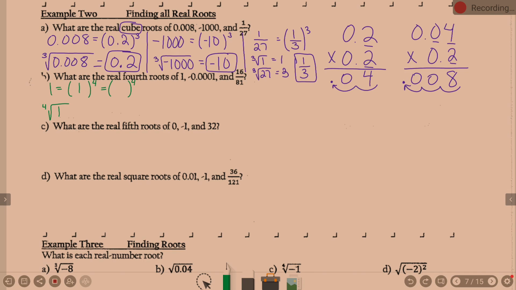Can the answer to a square root be a negative? No. The answer to a square root cannot be a negative, can it? So this is a square root, more specifically 2 is even, and if that's the case, we have to include absolute value around our answer as a possibility.